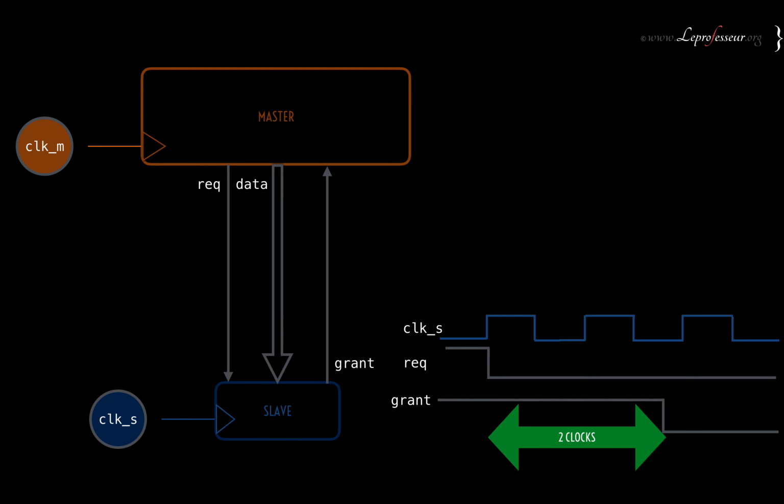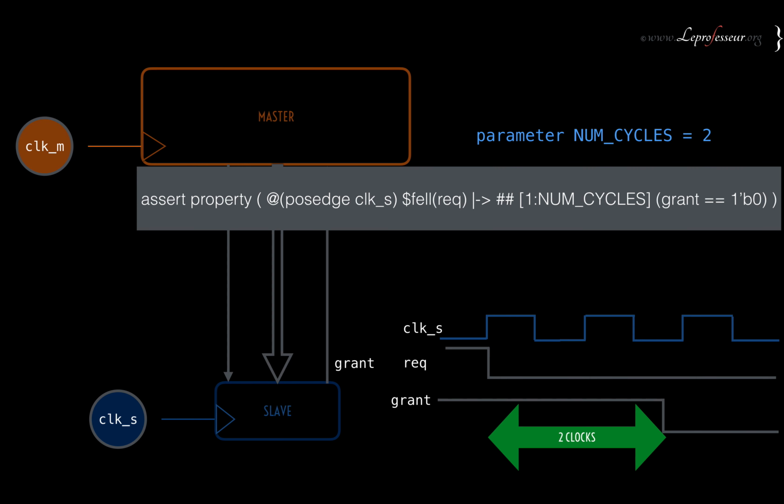Okay, the grant must get de-asserted after 2 clocks of the request getting de-asserted. In the same way, we define a parameter, number of cycles 2, for the slave, and we write a very simple assertion property.